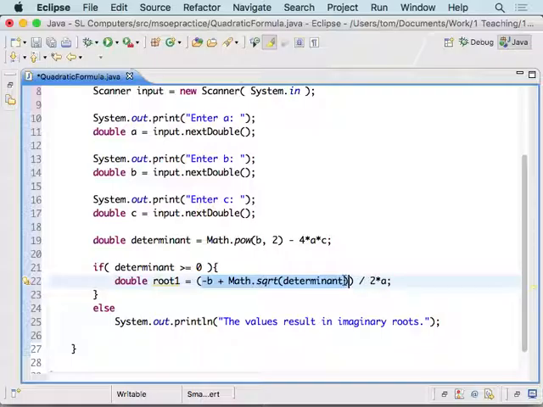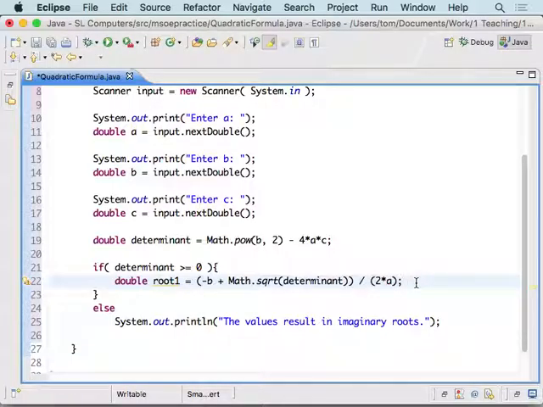Okay, so when we do this, when we group this, this will give us one result. That result will get divided by 2. It'll find that answer, and then take that answer and multiply it by a, which is really not what we want. We really want to divide by 2a, so we have to group that together as well.